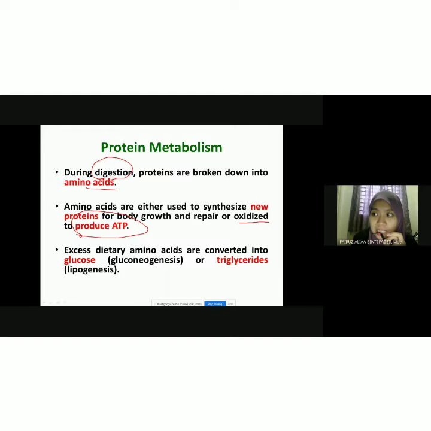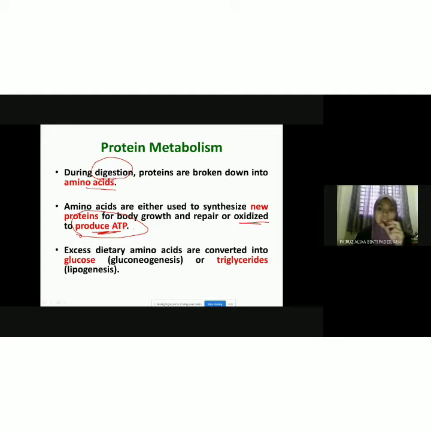Then they can be used to produce ATP as usual, or they can enter cellular respiration by being converted to intermediates of cellular respiration. So that's why it is said here amino acids can be oxidized to produce ATP.